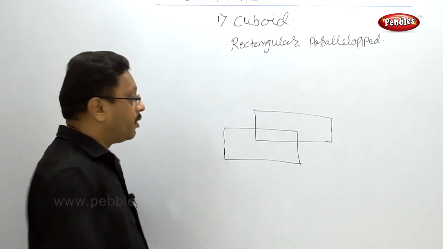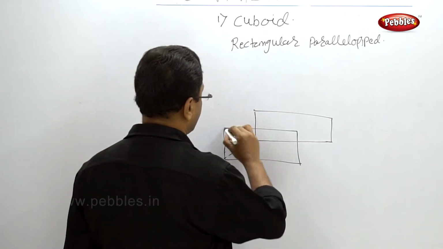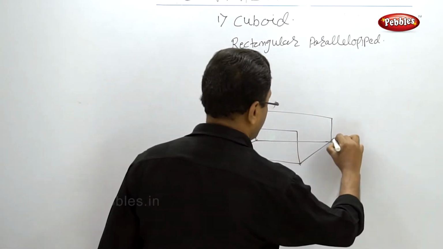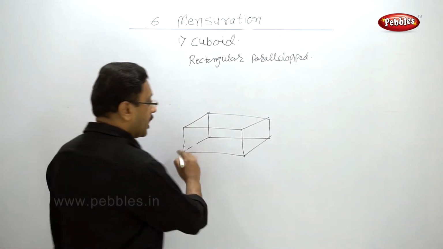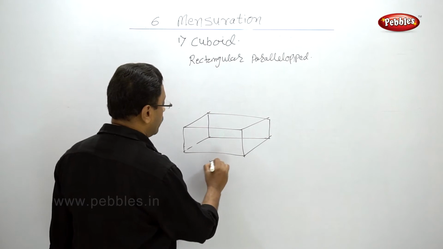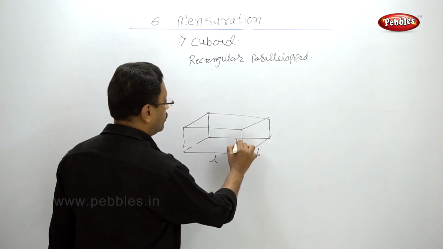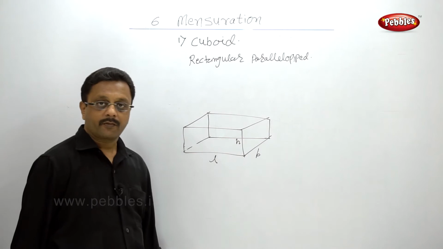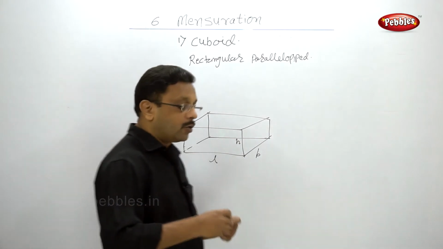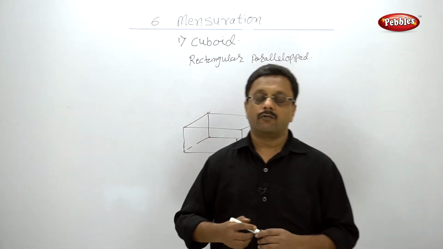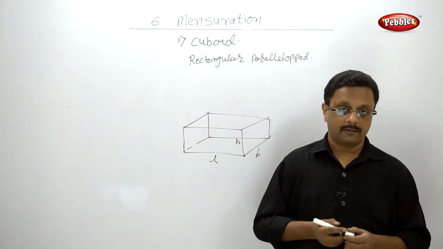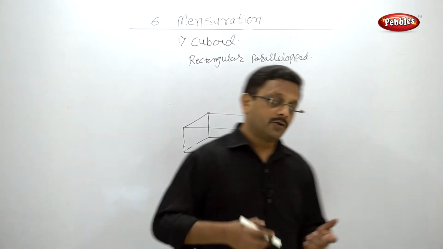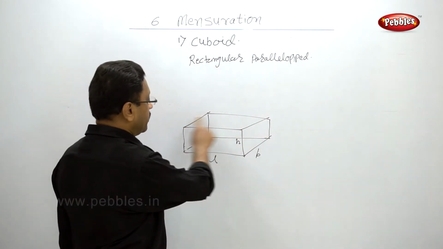That means this will become a cuboid. For this you have length, breadth, and height. When there is only one rectangle, what is the area of that rectangle? Length into breadth.